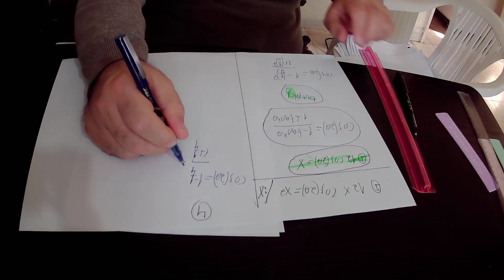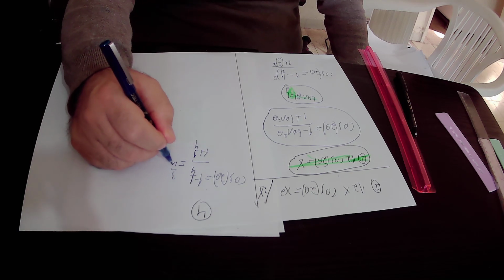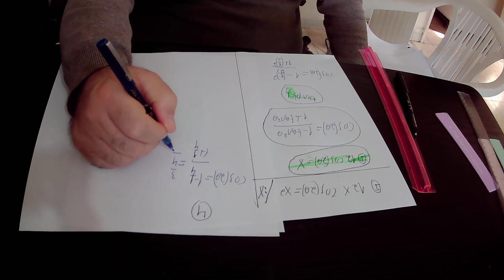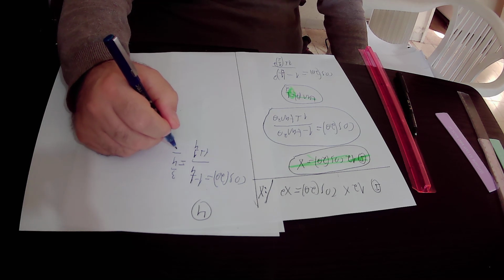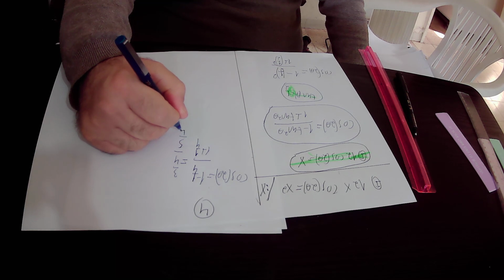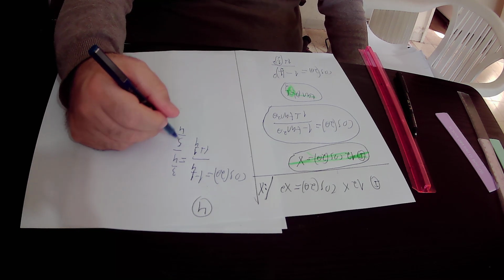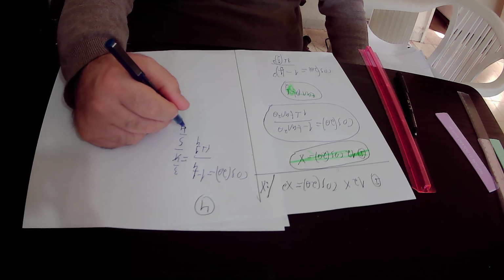One minus 1 quarter is 3 quarters, while 1 plus 1 quarter is 5 quarters. And here we have 4 in the numerator and 4 in the denominator, so 4 will get cancelled.